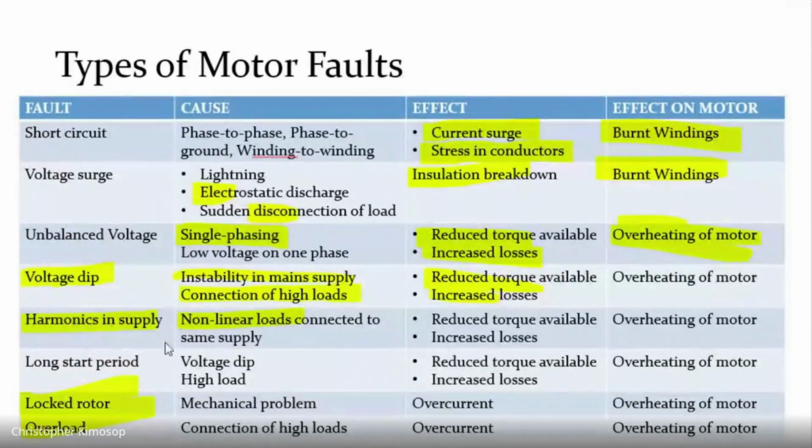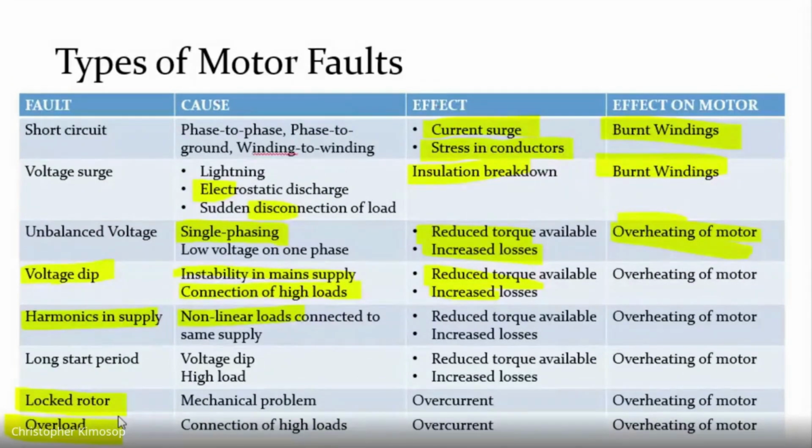Next, we have locked rotor and overload. Those two are cases whereby you have a mechanical load that is too high for the rating of the motor, right? You have high loads that demand more torque out of the motor than it is able to supply. So you would then have a mechanical problem if the shaft is coupled to a load that is fixed, or a bearing has collapsed within the motor.